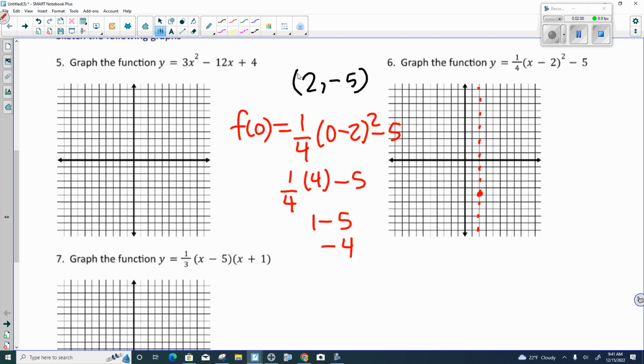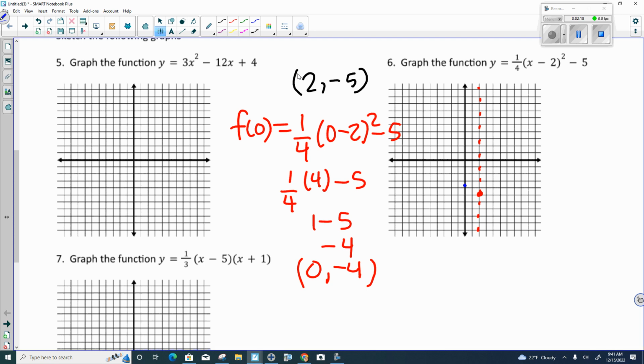This is my x. This is my y. I'm going to make it blue. 0, 1, 2, 3, 4. Now that I've got 2 points, I can reflect that blue one, that 0, -4, over the axis of symmetry.